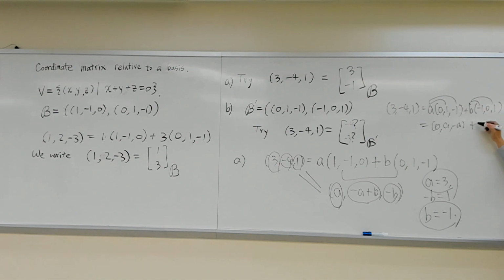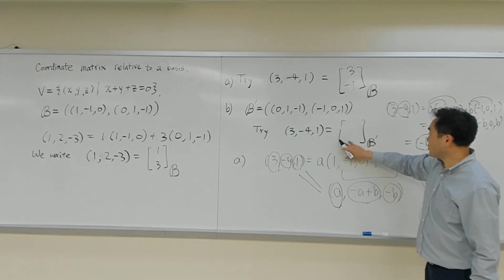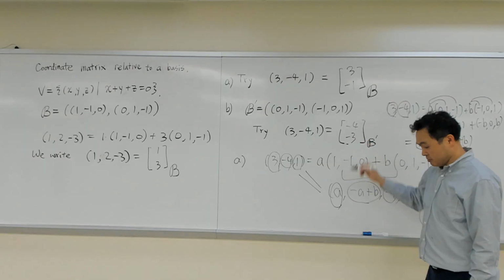Then if you multiply b, that's negative b, comma 0, comma b. Then if you add them and simplify, you get 0 plus negative b, that's negative b. A plus 0, that's a. Negative a plus b, that's what you get, okay? And that has to equal this, so you get negative b has to be 3, and a has to be negative 4. So that's why you get negative 4 and negative 3.